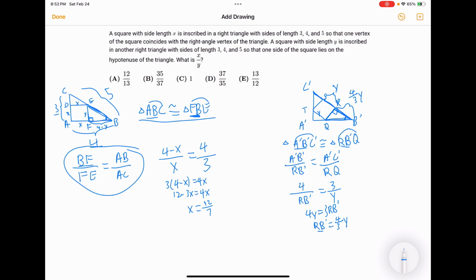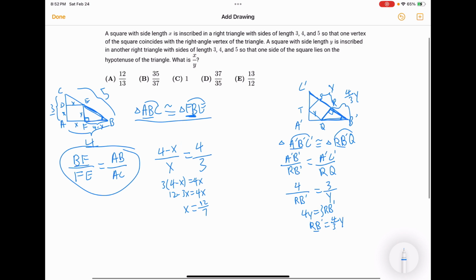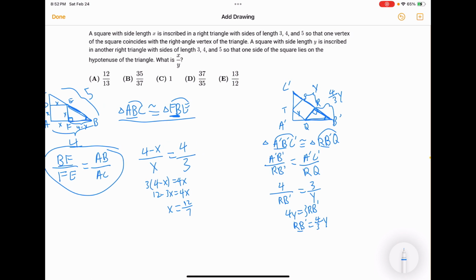Because we are trying to figure out C'S, we should use the triangle C'ST. And so we also see that triangle A'B'C' is similar to triangle STC'.